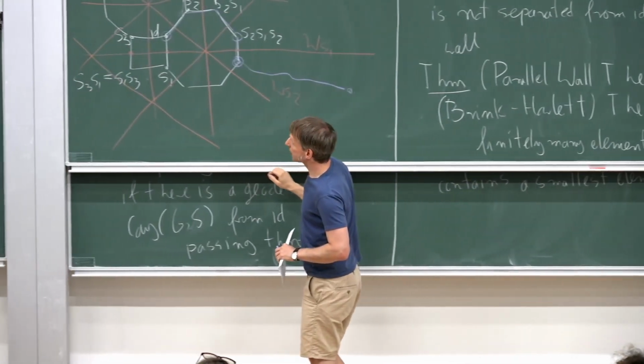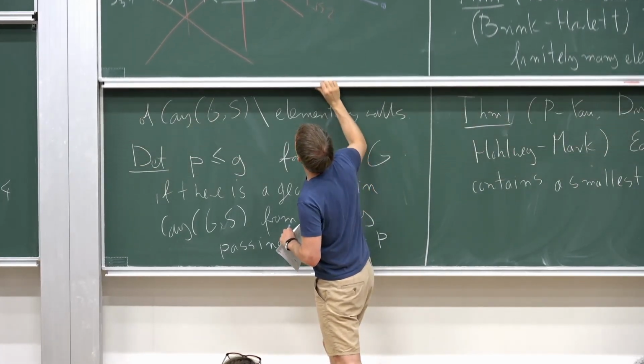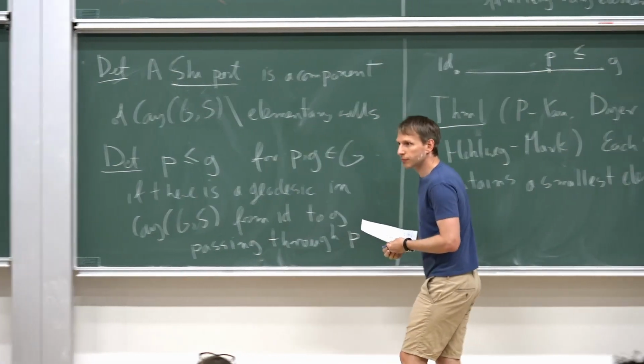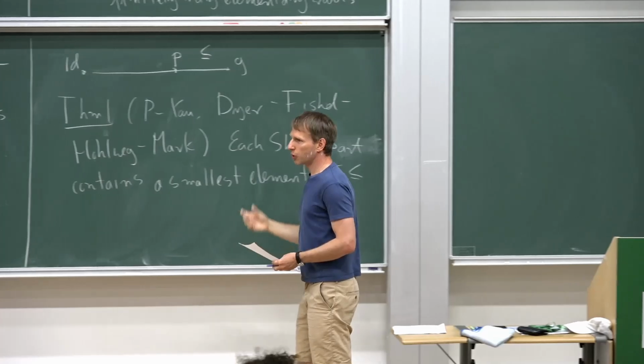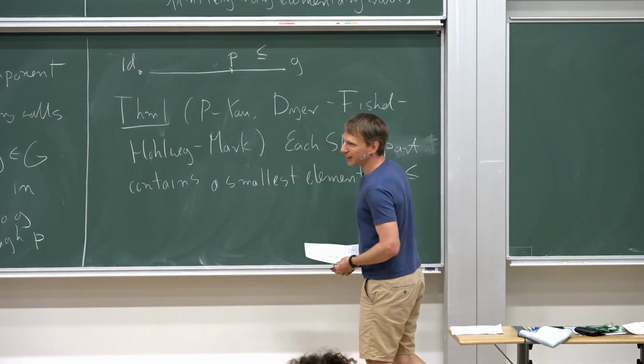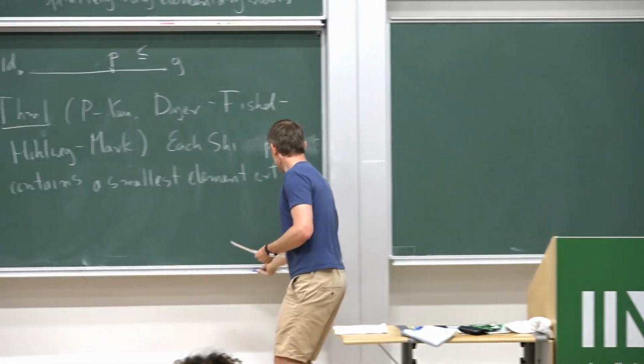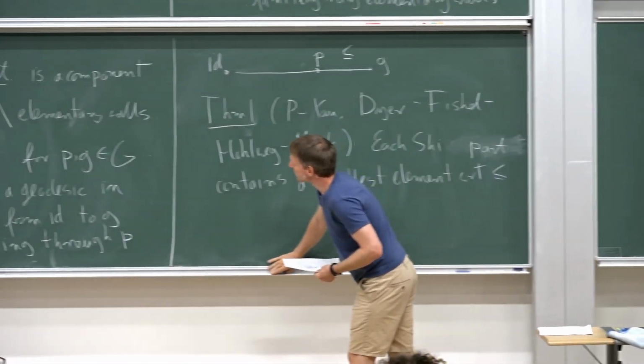Sometimes these elements are called gates of these sets. Are they unique? Yes, because they are smallest. If you have two, well, this smallest one has to be smaller than the other. So it's not minimum. They are really smallest in the sense of this order.